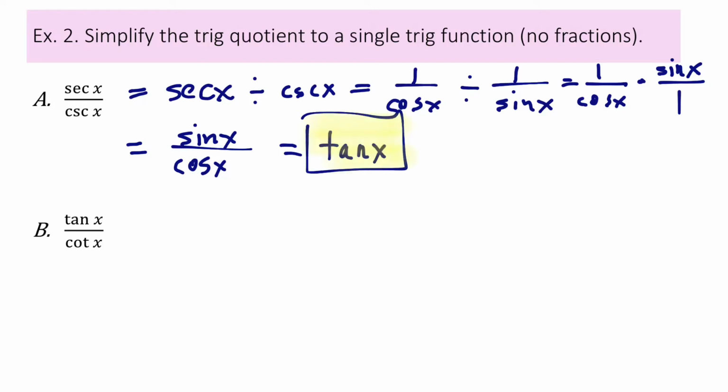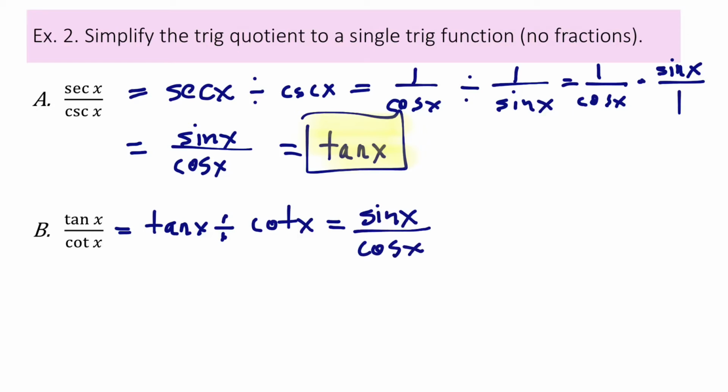In part B, we have a quotient again, so we're going to rewrite it as a division problem, tangent of x divided by the cotangent of x. And then we're going to substitute for the tangent of x, the sine of x over the cosine of x, divided by, substituting for the cotangent of x, we have the cosine of x over the sine of x.